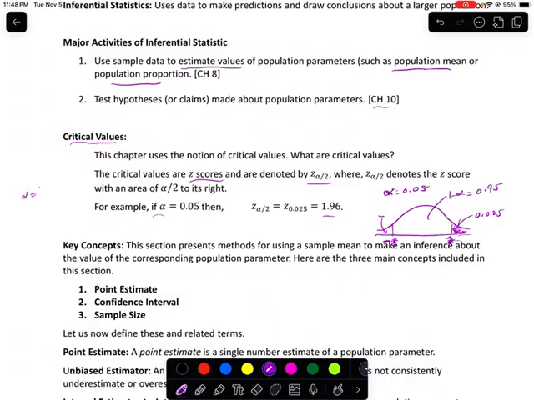So if alpha is 0.1, then this area together will be 0.1, but alpha over 2 will be 0.05. So you can figure out what z alpha over 2 is. It means the area to the right of z alpha over 2 should be 0.05.